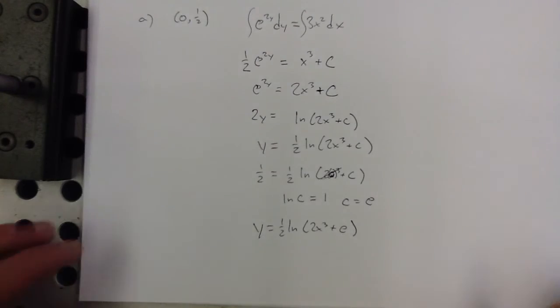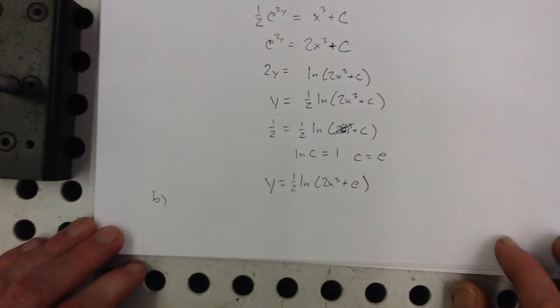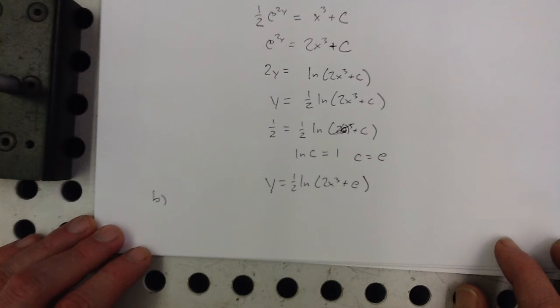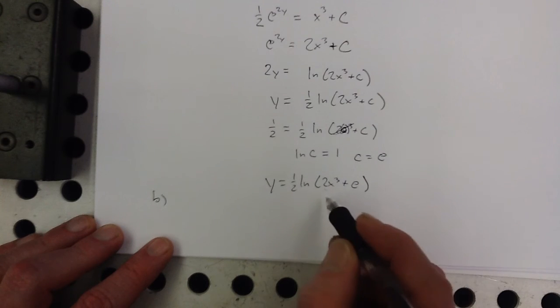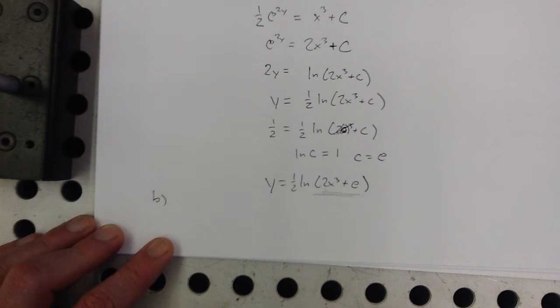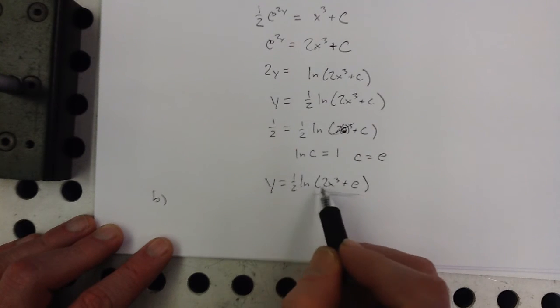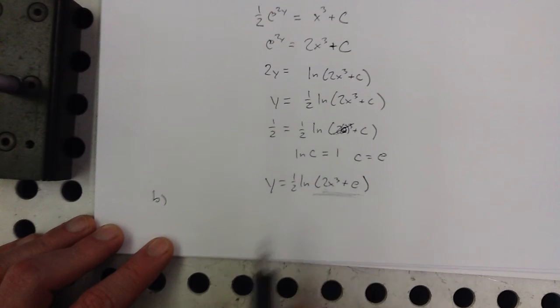Now, in the other part here, part B, I'm supposed to find the domain and range of this. It's a little bit of an unusual College Board question, but we could do that. What's the domain of this? Well, what values are we allowed to plug in here? We're only allowed to plug in values into this natural log function that make this greater than 0, right?